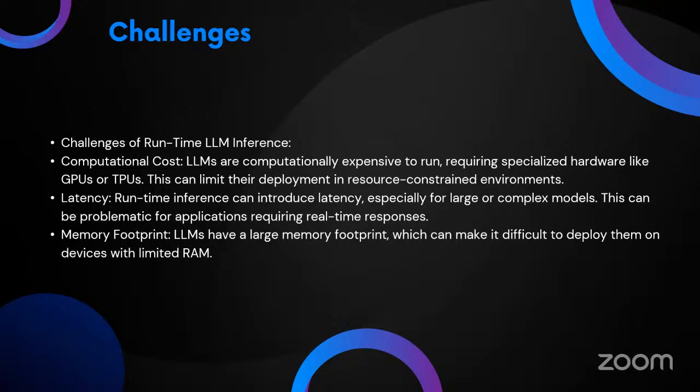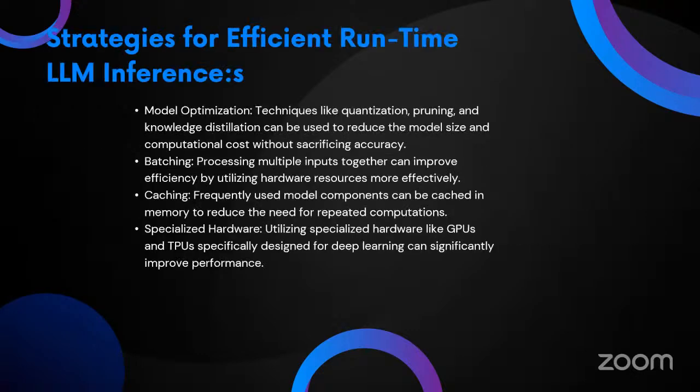We can use a GPU or a TPU so that our model quickly gives us an output, and it will depend upon how many parameters the model has been trained on, or which model we are using. These are some strategies for efficient runtime, to reduce our runtime and give the output as quickly as possible.